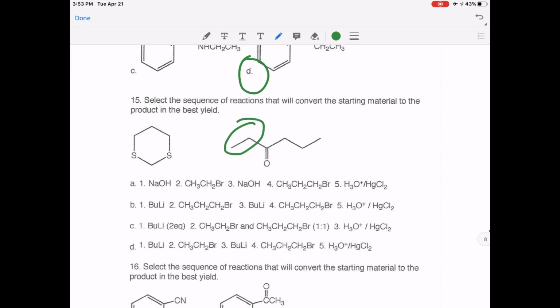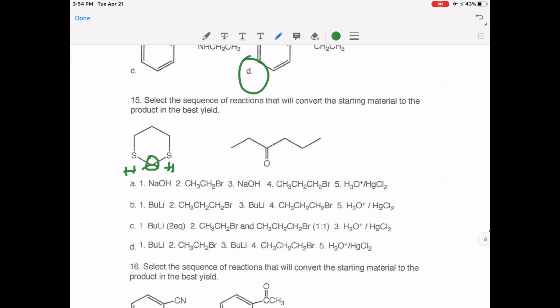So we need to find out how to add these two groups to this compound. The first place that we need to look is right here in between these two sulfur atoms, because here we can remove the two protons attached to this compound, and we can add these two alkyl groups in lieu of these two hydrogens.